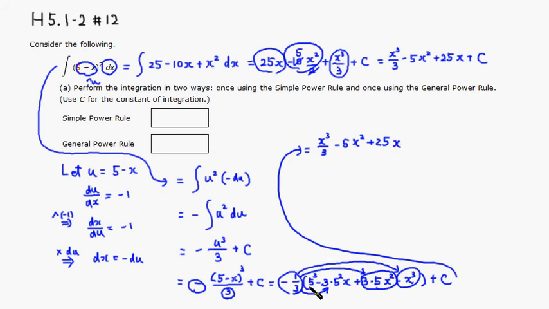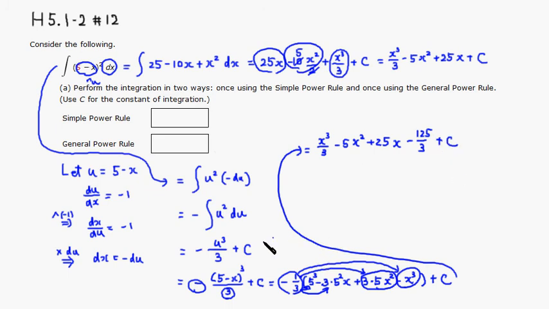Last, negative 1/3 times 5 cubed is negative 125 over 3, and plus some constant c.